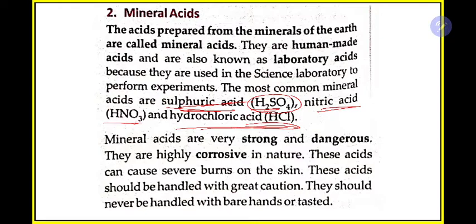And one who is working with these things should always keep these acids away from children. He should be extra sensitive to these things. And he should take these things very seriously, because these are very dangerous. This may even damage his tissue in a serious way.